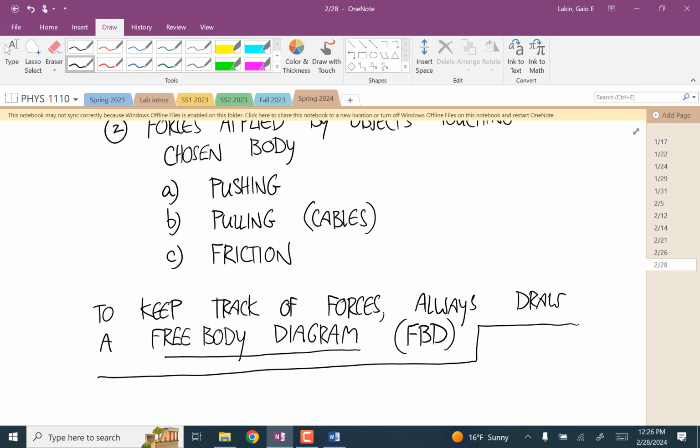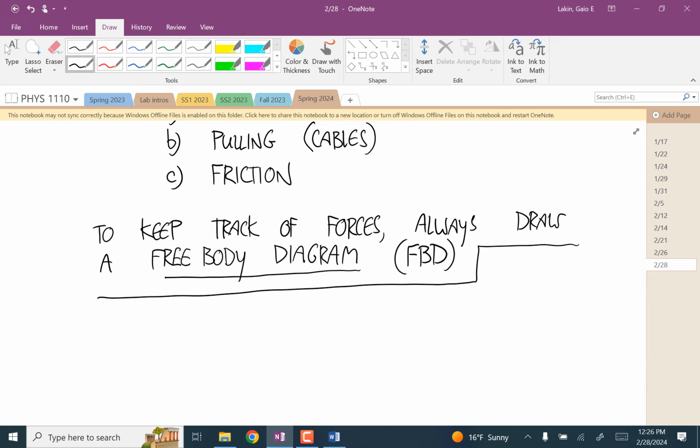It's just going to be represented as forces. So that's what the free part comes from. Our body's going to be there, and everything else will be gone and just replaced by the forces it applies. Okay. So I'm going to expect that you're going to draw a free body diagram every time you use Newton's second law.